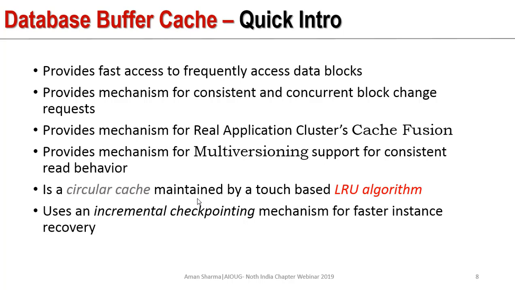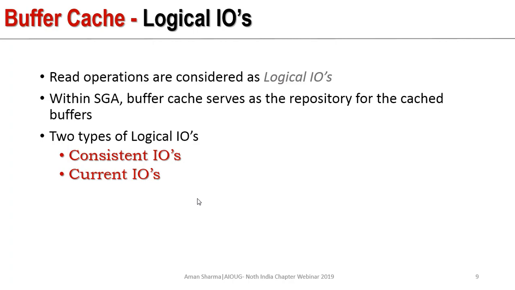To make sure the buffers do not keep hanging around in the buffer cache and occupy space, the dirty ones are constantly pushed out of the buffer cache, which is done by a checkpointing mechanism that happens all the time, taken care of by the incremental checkpointing mechanism.